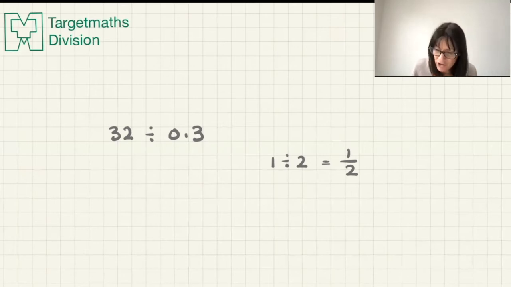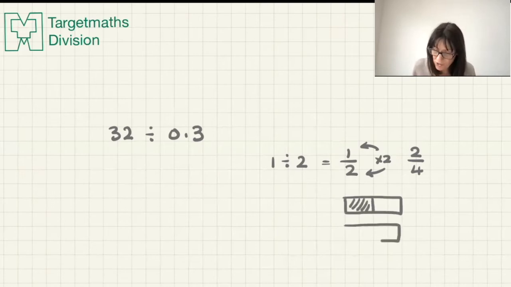So if I was to times by 2 the top and the bottom of that fraction, I would end up with 2/4. And just to make absolutely sure there's no confusion, a half is that much of the shape. 2/4, this is it in quarters, 2/4 of the shape, 1/4, 2/4, exactly the same value.